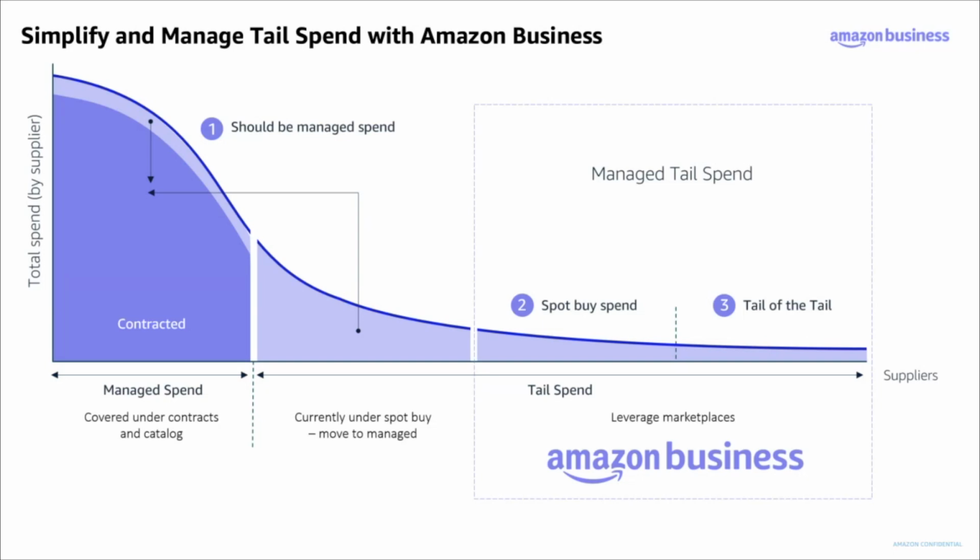But when it comes to more of the ad hoc purchases, any low value, high volume purchases, you see the supplier number is huge, and the total spend is very small. So companies spend a lot of resources managing this tail spend, as we call it. So these low value ad hoc purchases from all the different kinds of suppliers.